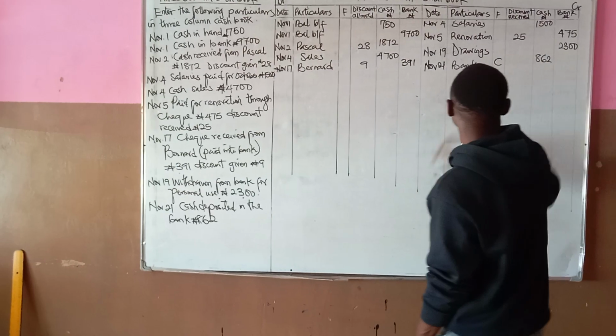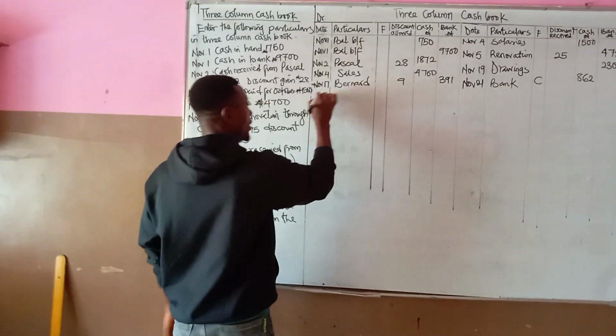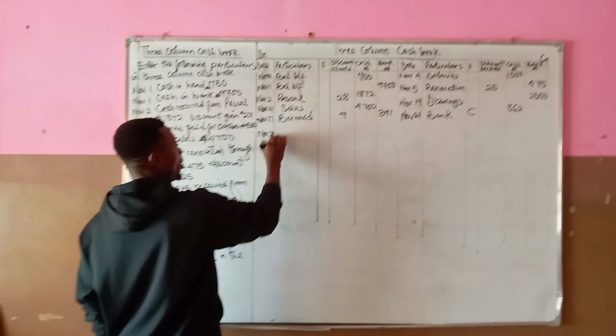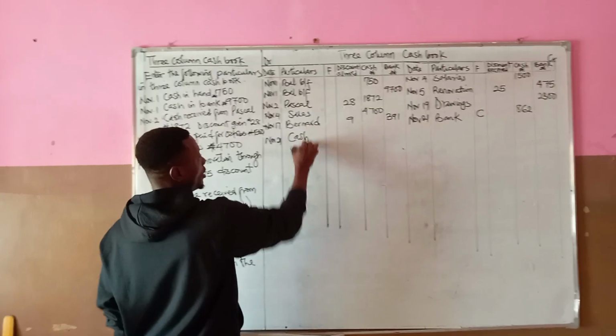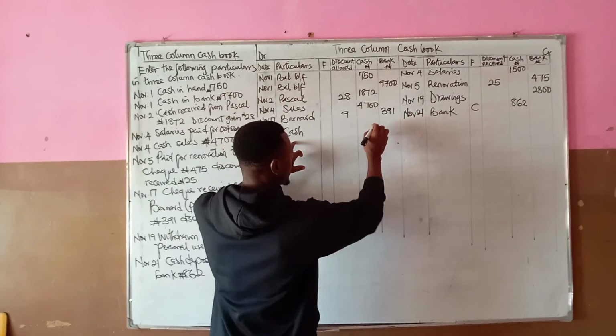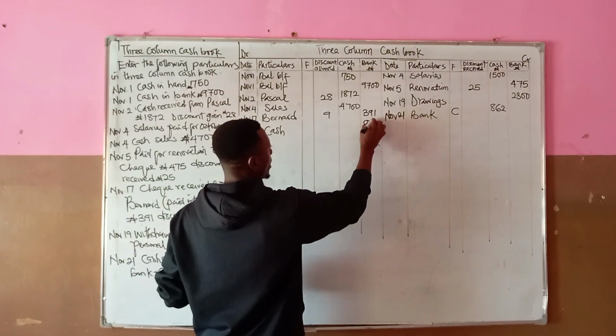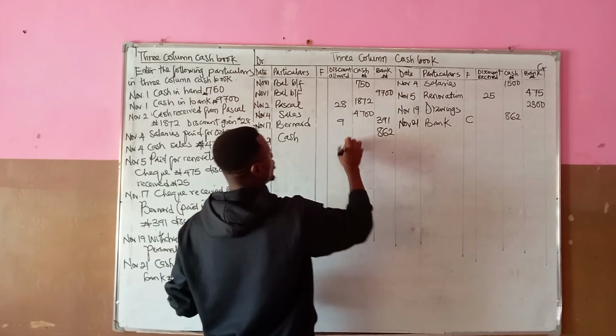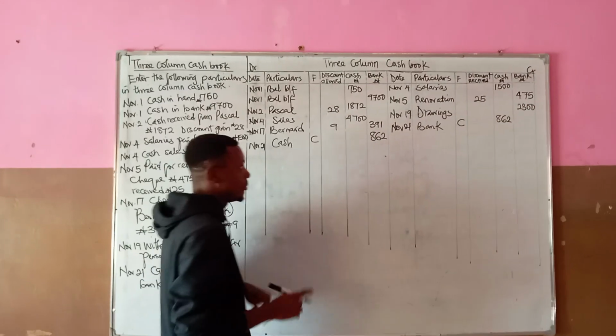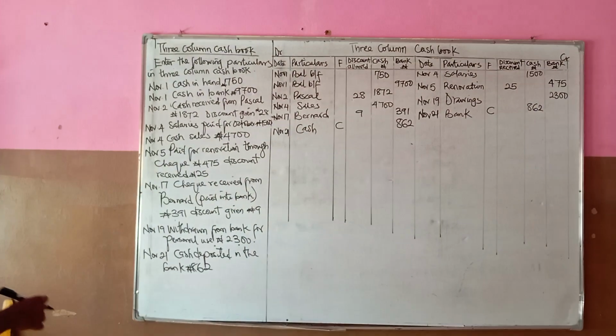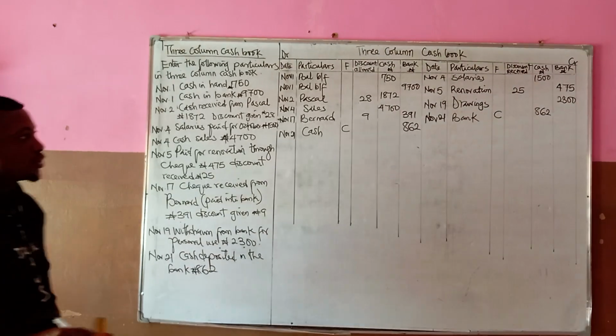Remember your C for contra entry. Then November 21, cash paid into bank. Cash deposited but paid into bank. So bank increased, cash reduced, and our contra entry. That is our posting. Then what's left is for us to close.